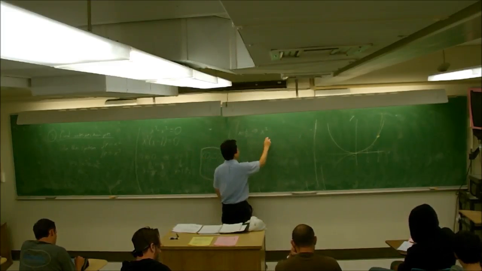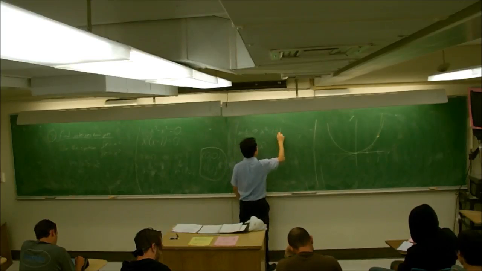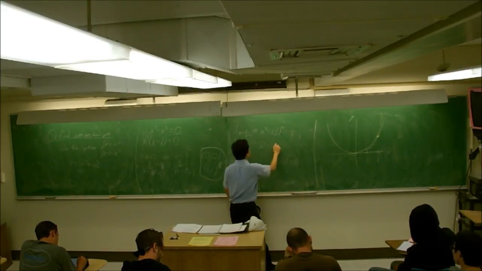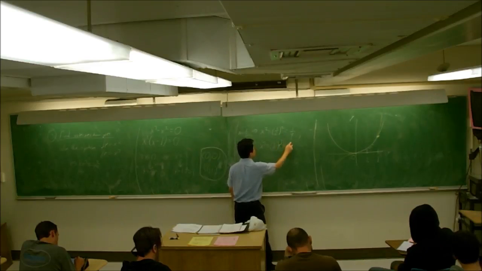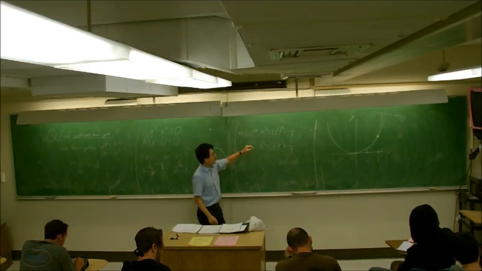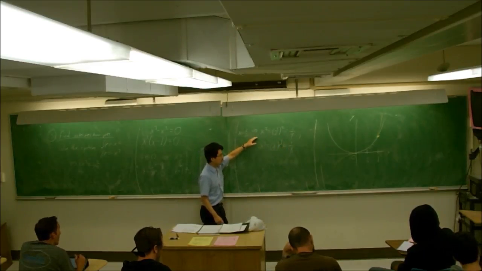What's the square of 1/2? 1/4, right? What's the cube of 1/2? 1/8. Between 0 and 1, which is larger, x squared or x cubed? x squared is larger.